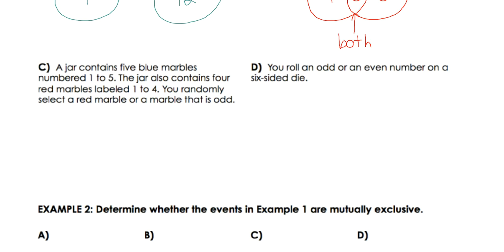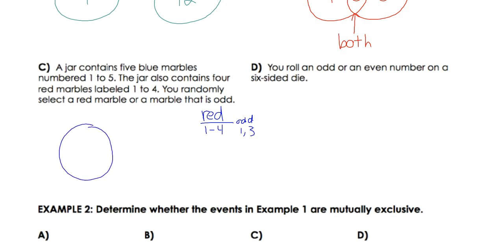Among the red marbles, we have 1 to 4. Are any of those red marbles also odd? Well, yes. The odd ones are 1 and 3. So there's some overlap here.